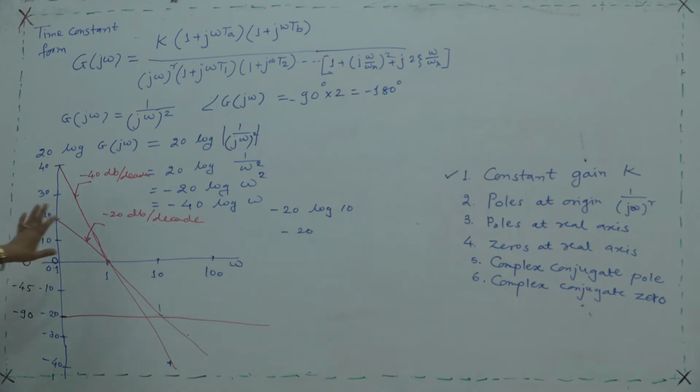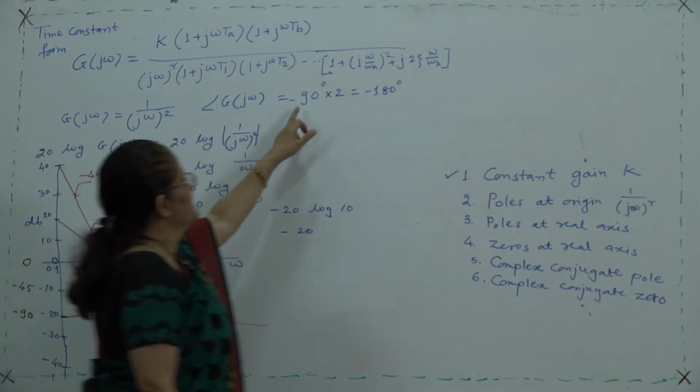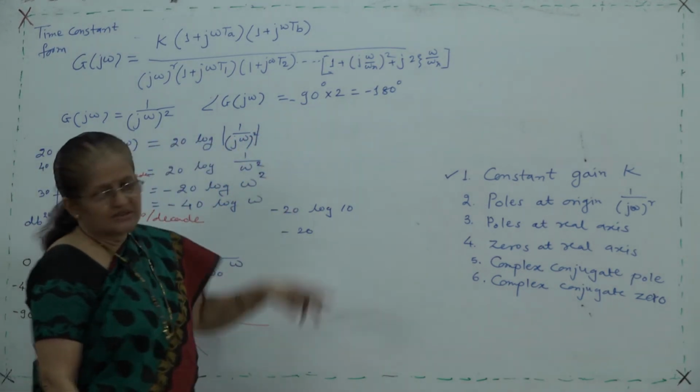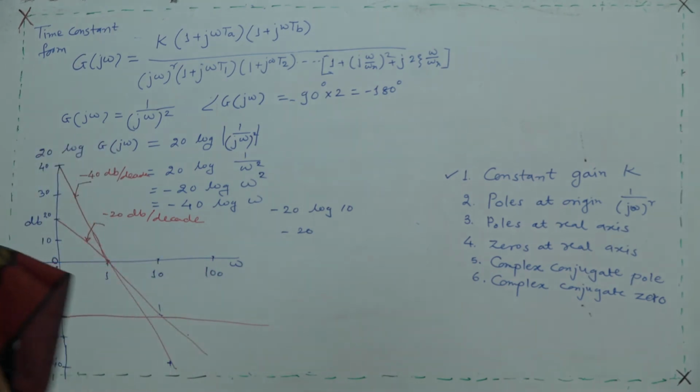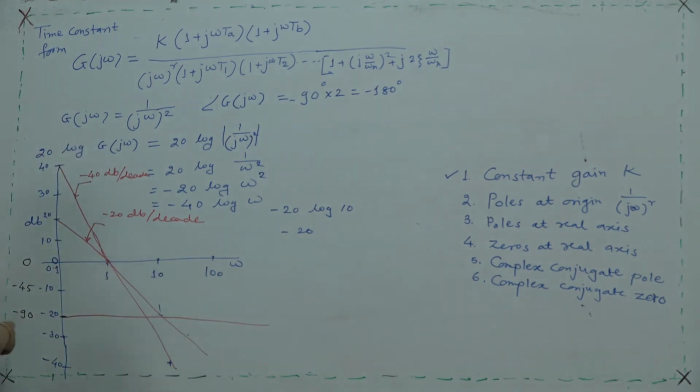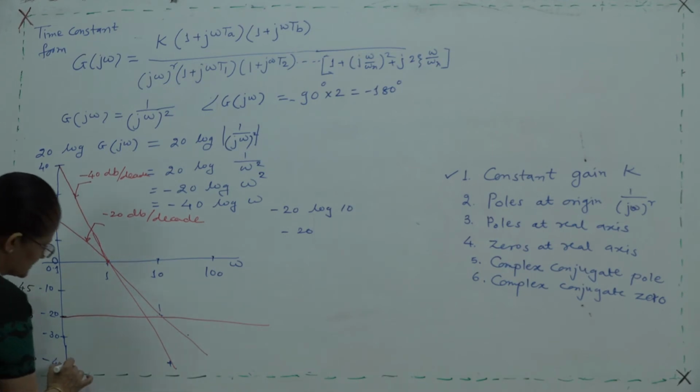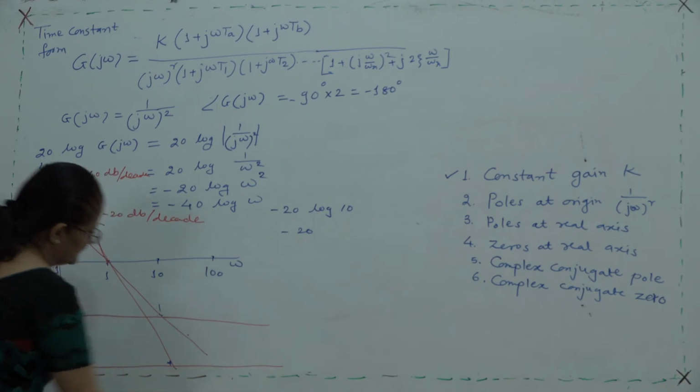I think it is very clear, no problem in that. This is minus 90 due to one pole at origin. So, you have to draw the angle also. If this is minus 90, then this is minus 180, and so the phase plot will be constant at minus 180.